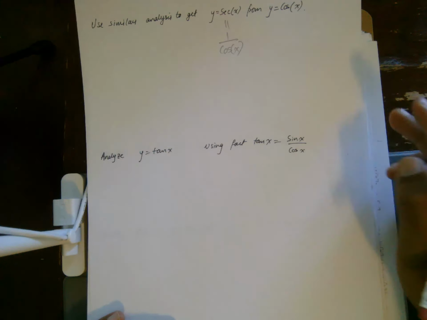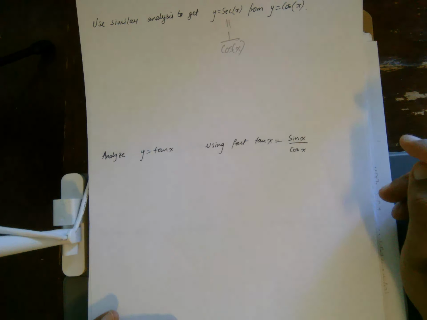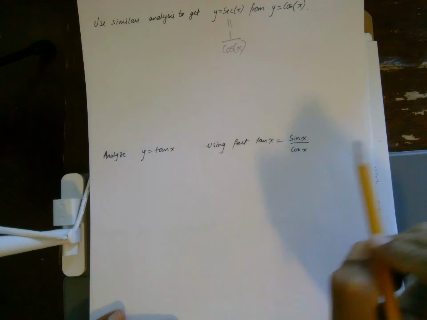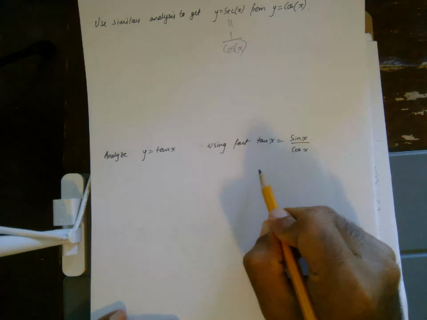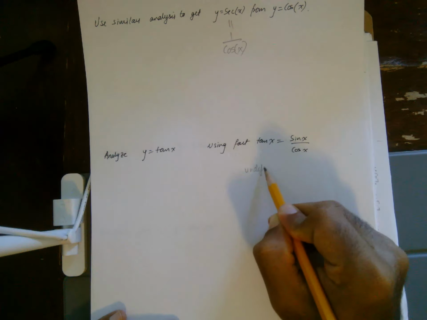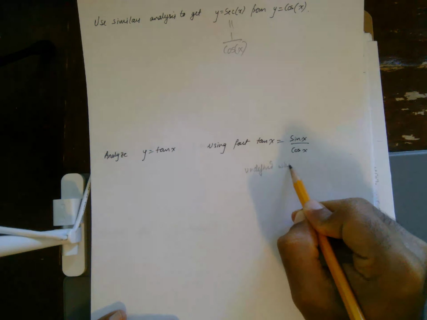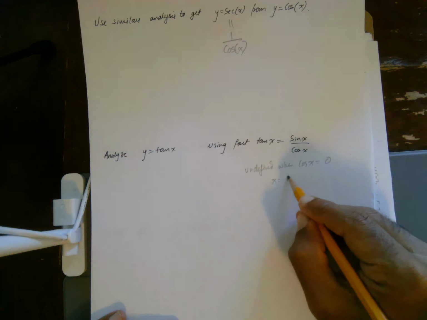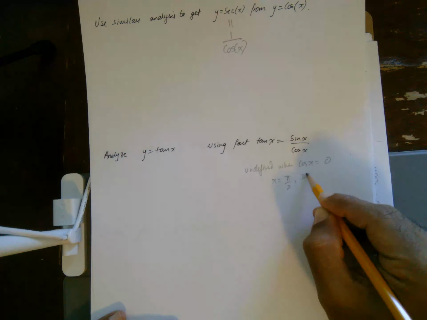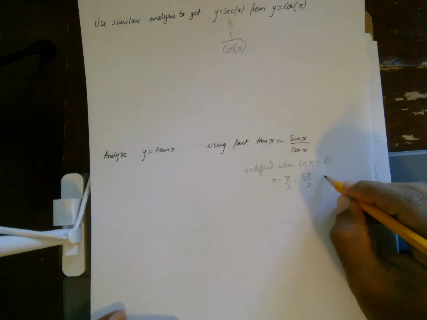Now let's analyze y equals tan x. Tan x is sine x divided by cosine x. So first of all, we know it's going to be undefined when cosine x is 0, which happens when x is pi over 2, 3 pi over 2, all of these.